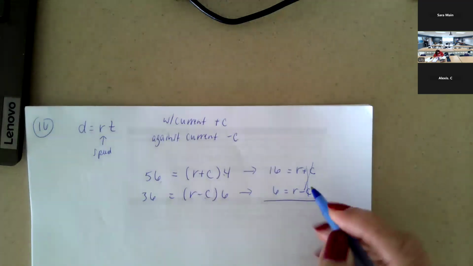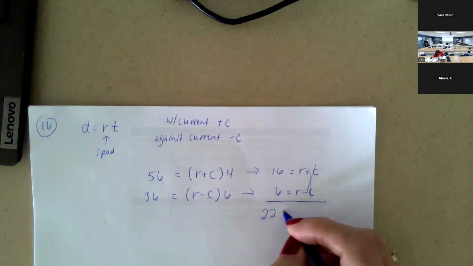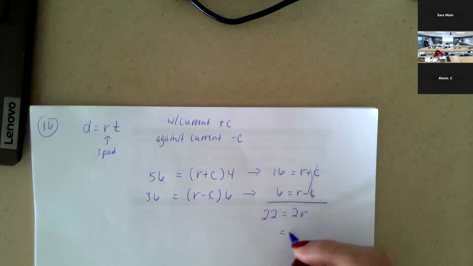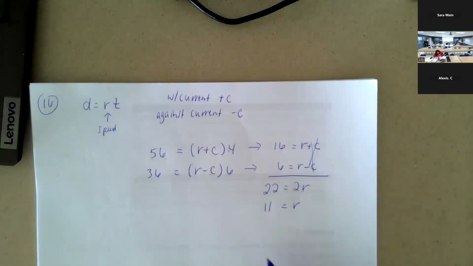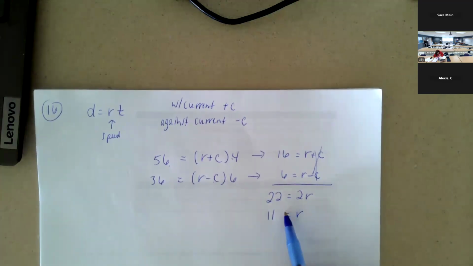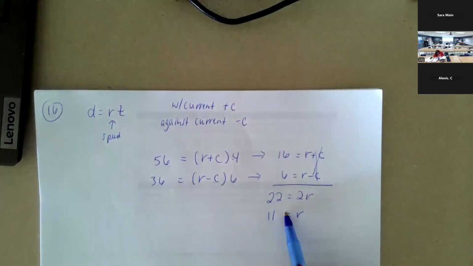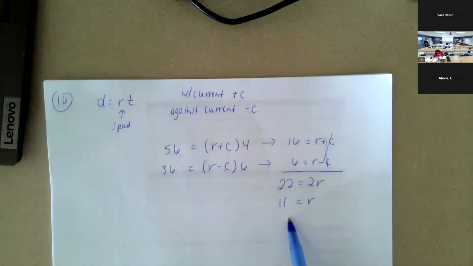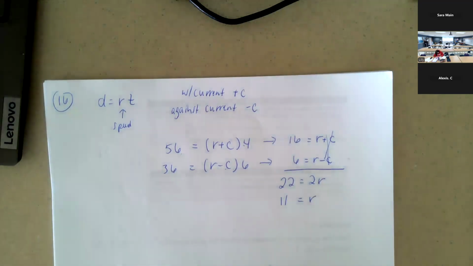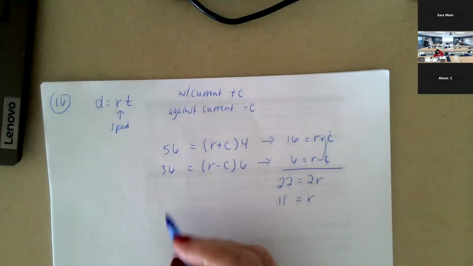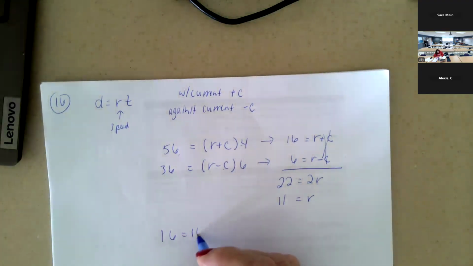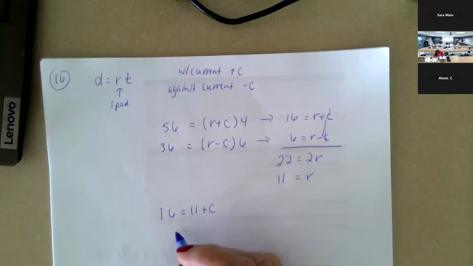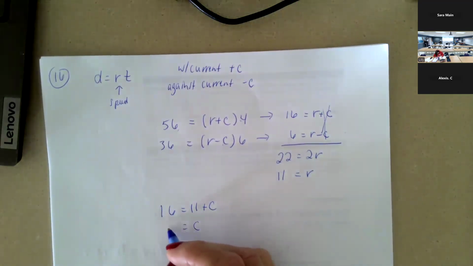So we can just add our rows and we get 22 equals 2R. So the rate, our speed, must be 11 kilometers per hour. And so I'm going to put that back into this top one. So 16 equals 11 kilometers plus C. So C must be 5.